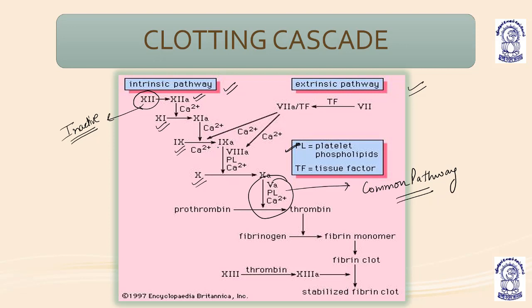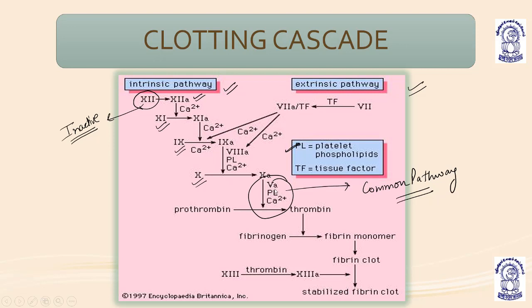Understood? That is why factor number 7 is written as involved in both extrinsic and intrinsic pathways, because it is a tissue factor, which is involved in the activation of factor number 8 as well.